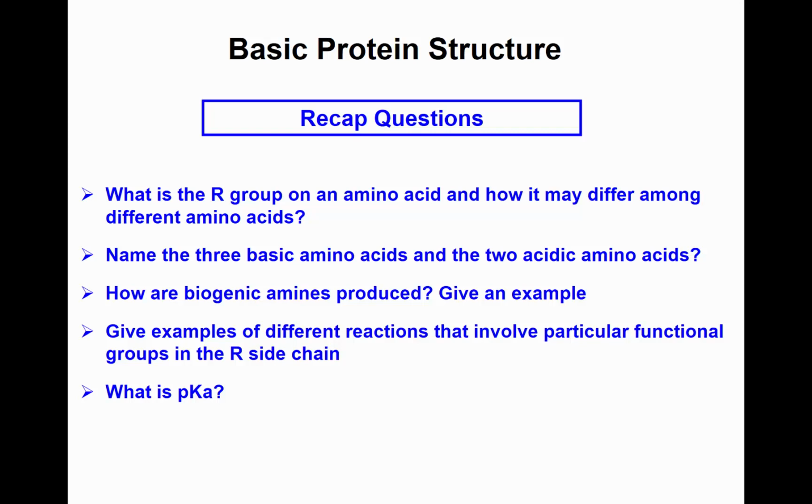Okay, great. So what is the R group on an amino acid and how it may differ among different amino acids? Aromaticity. Yes, some would have aromatic structure.